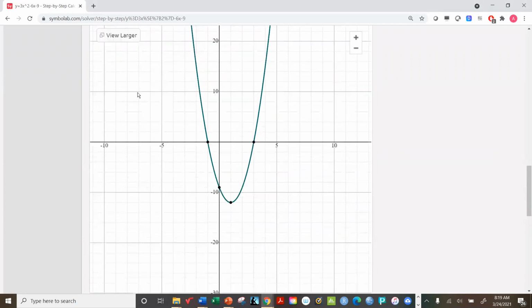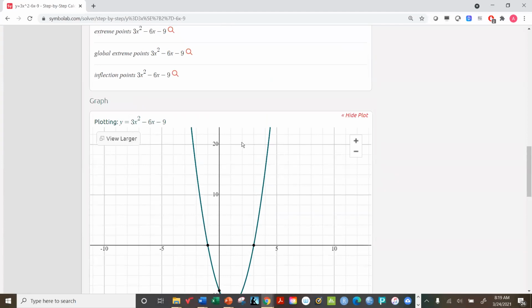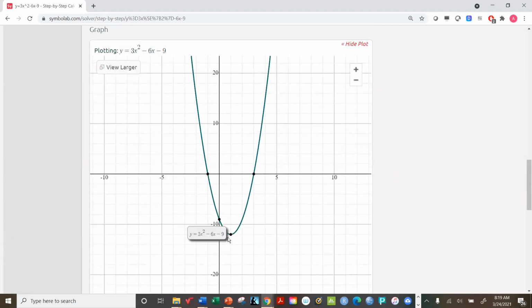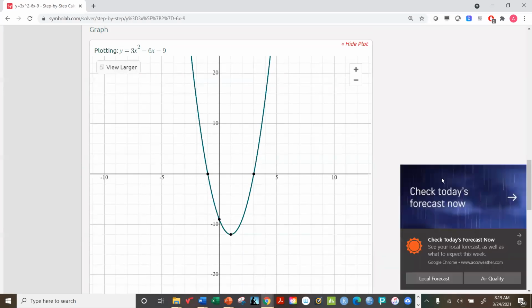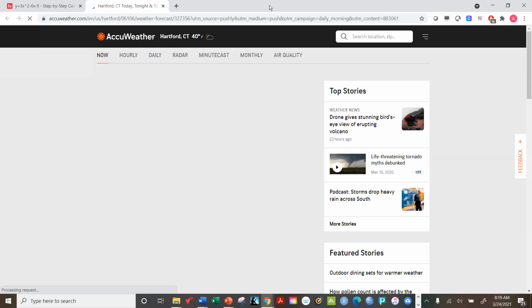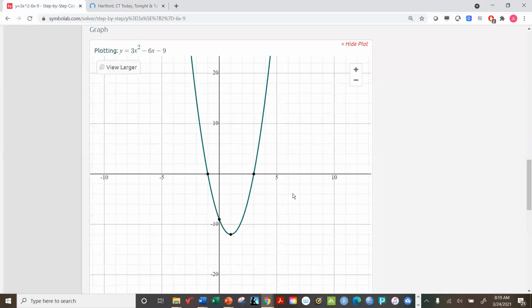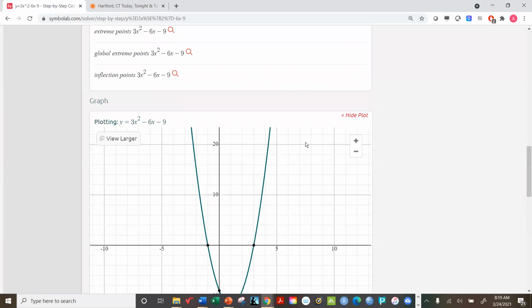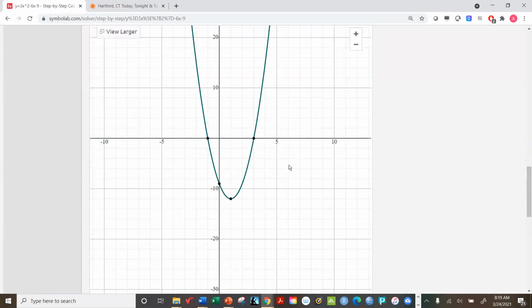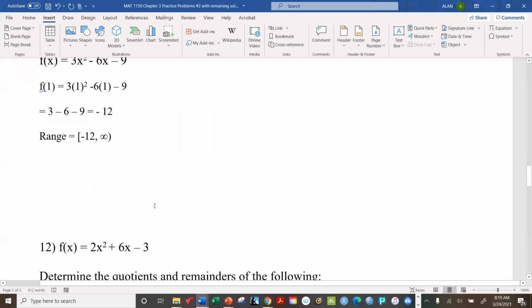There's no value of x that does not work here, but the range is the tricky part. We can see it does start here where y is negative 12, and then we go up after that, and y will continue to increase all the way up to positive infinity. I definitely like having these graphs available to us. It's so much easier to visualize it than just looking at the equations.